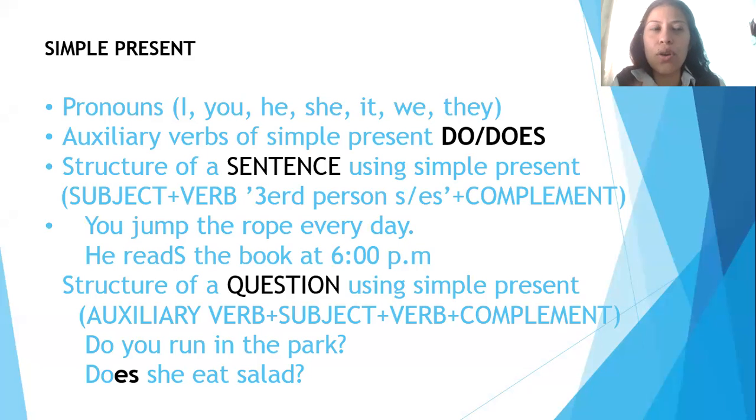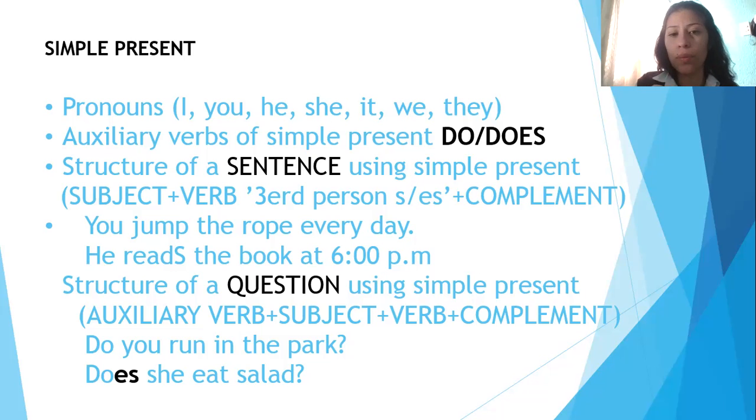Also try to make the difference between simple present and verb to be. It's very, very different. So write this. I'm going to give you some minutes.